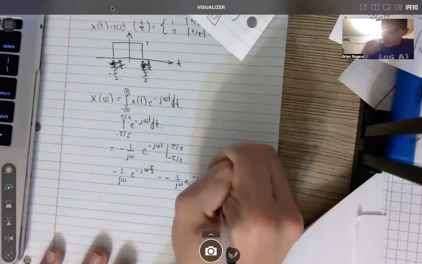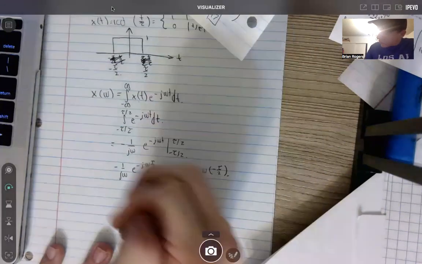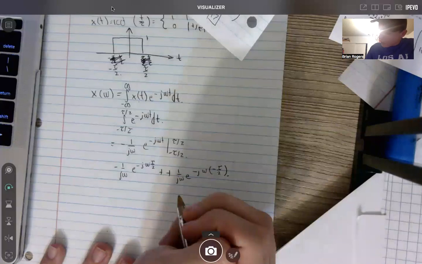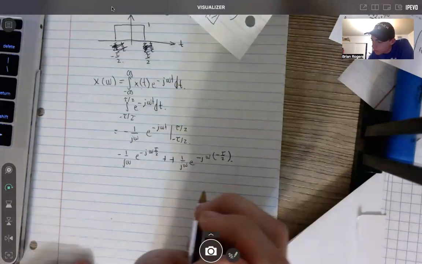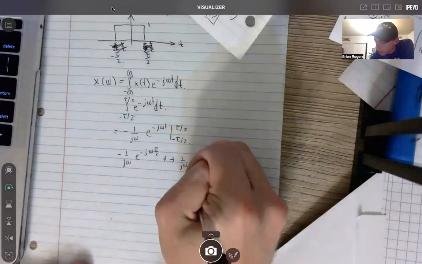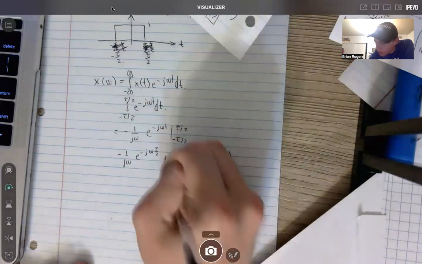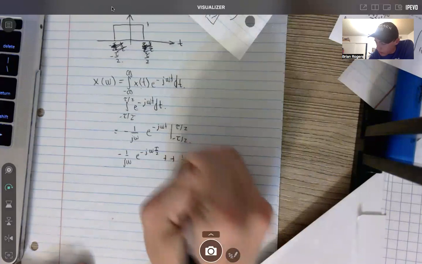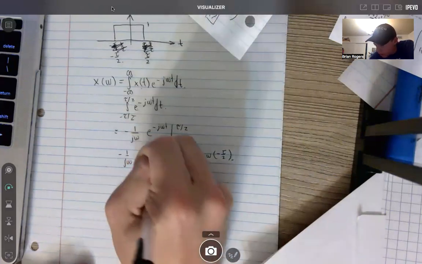So this would be plus, so it would be 1 over j omega. So what we're going to see here is we're going to get a negative and a plus, but this would be e to the j omega tau over 2, 1 over j omega, and then plus negative 1 over j omega, e to negative j omega tau over 2.